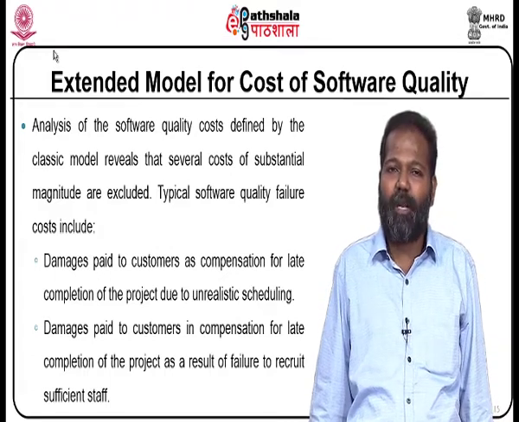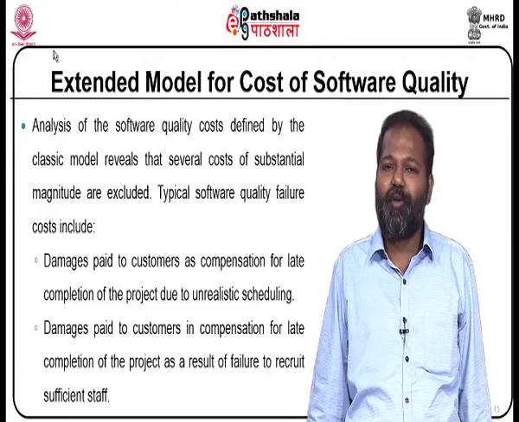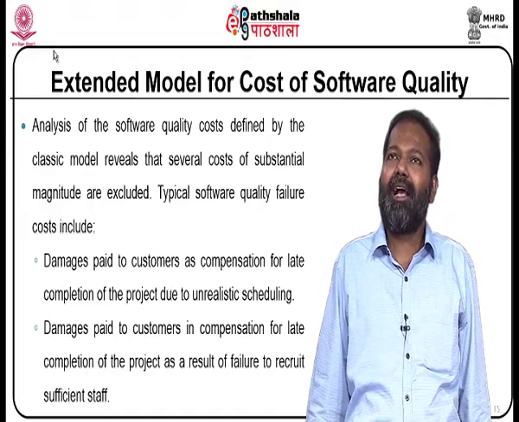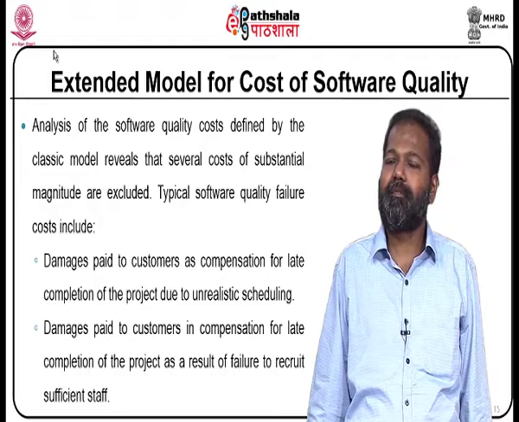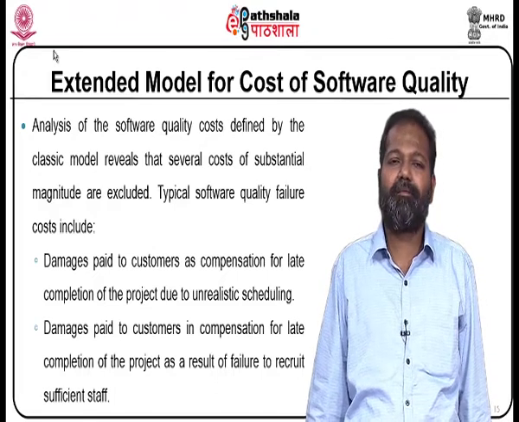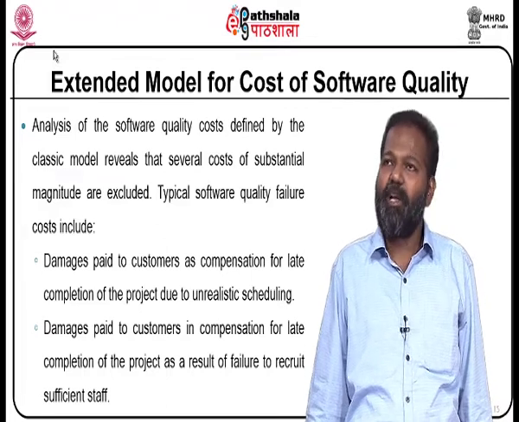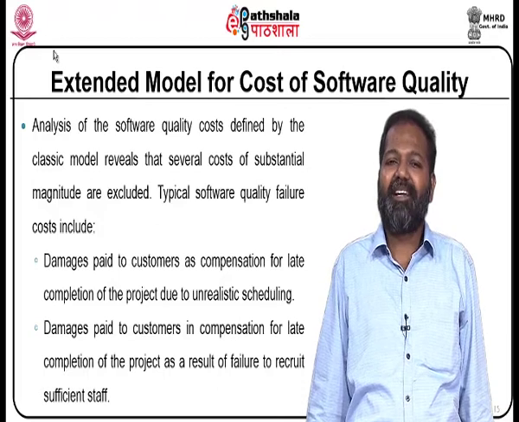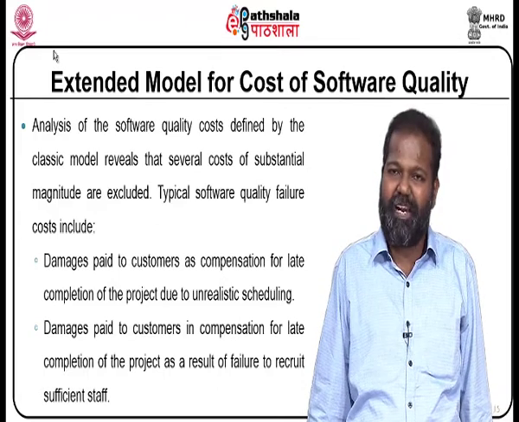Typical software quality failure costs include damages paid to customers as compensation for late completion of the project due to unrealistic scheduling, damages paid to customers in compensation for late completion of the project as a result of failure to recruit sufficient staff.